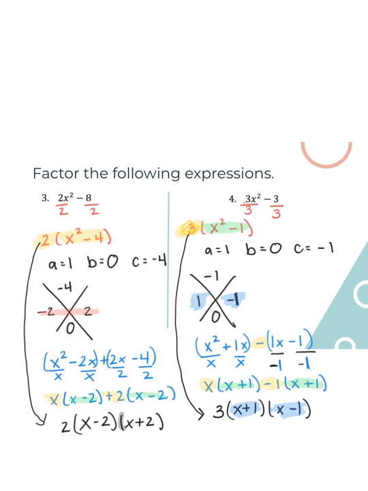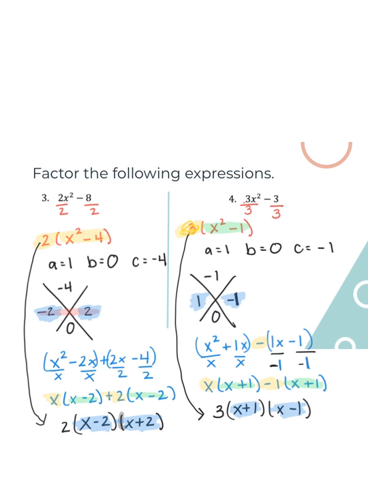Let's move back to number 3. I have a negative 2, and I have a positive 2. And in my parentheses, I have x minus 2 and x plus 2.